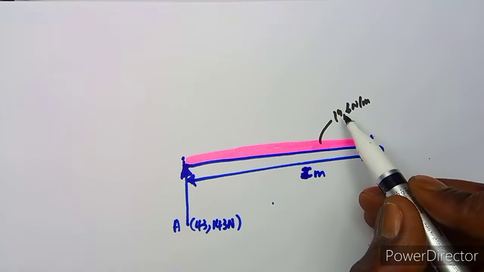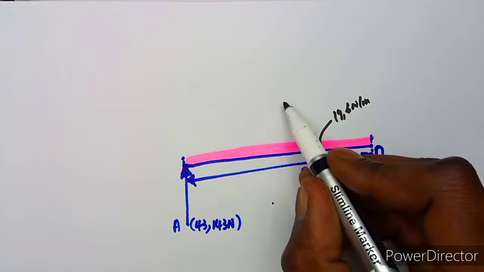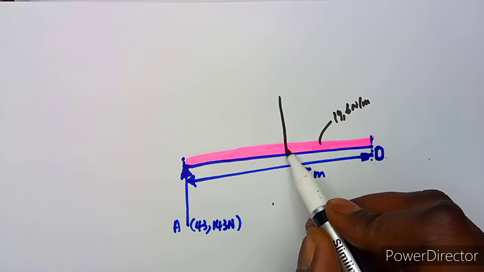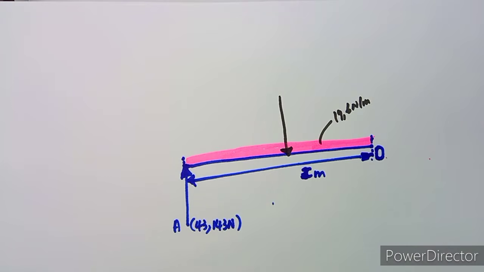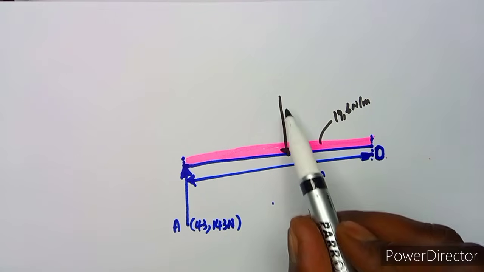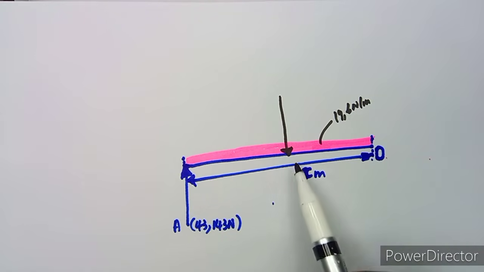So we know that if we have got the exact value of the distance, we're going to multiply 19.6 times the distance, so that we can know the force that is going downwards. That is now like a concentrated load.